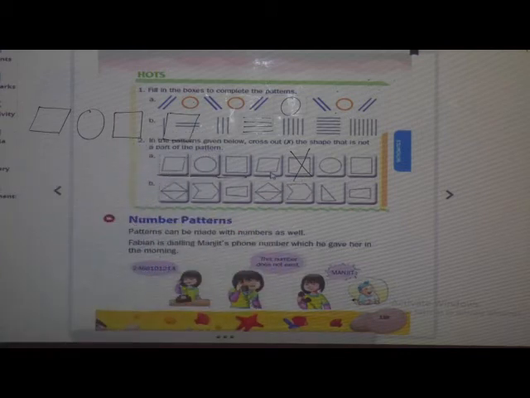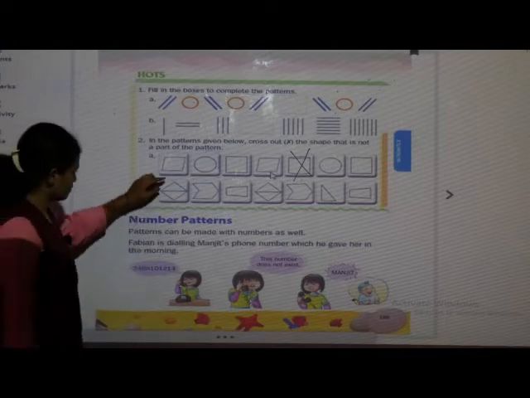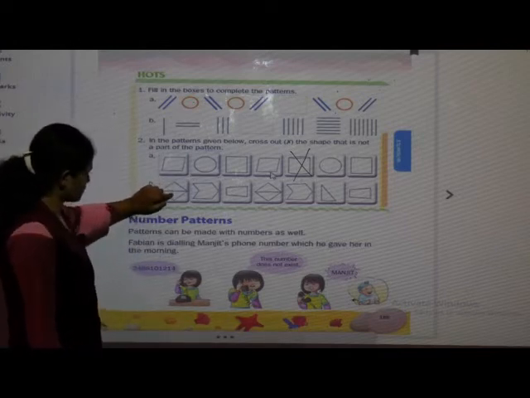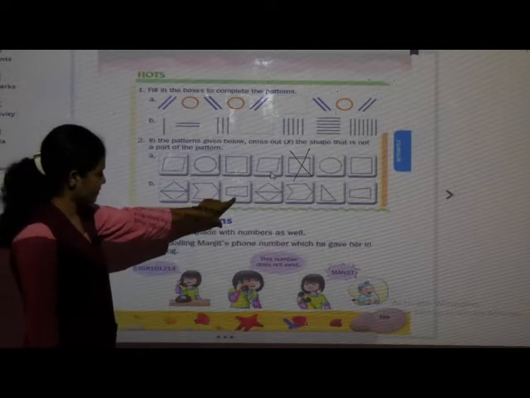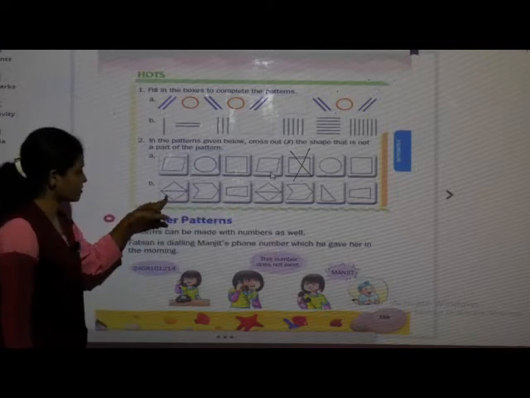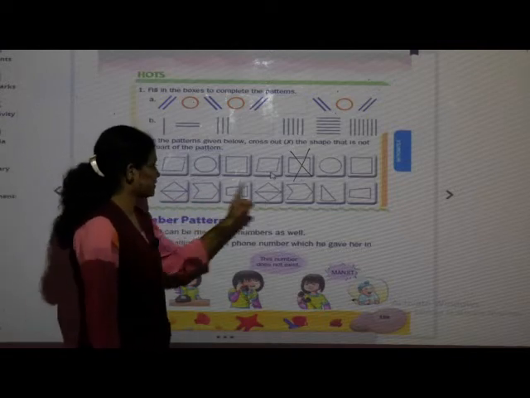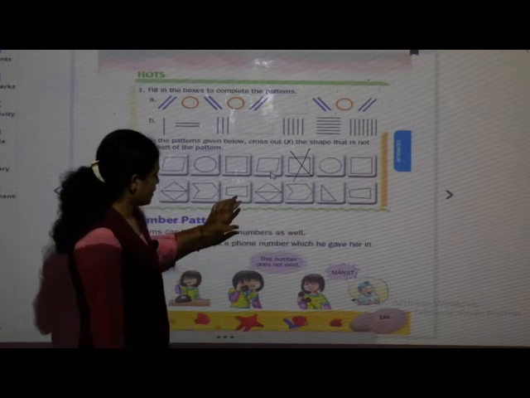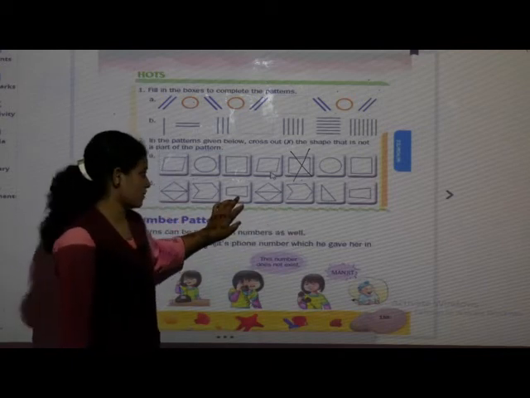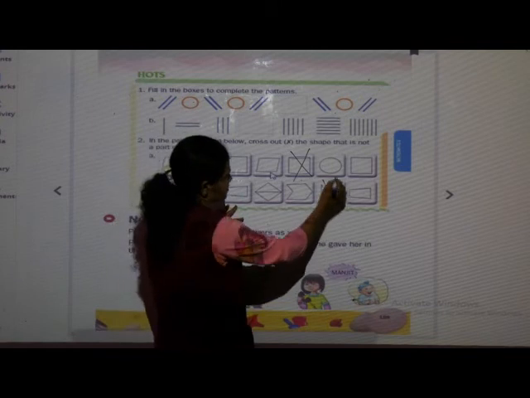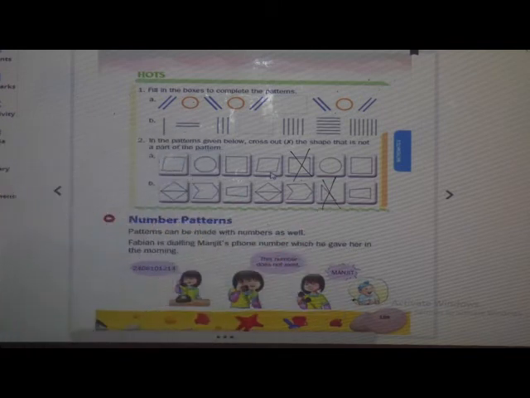Come on, do it. Now next, you can see this like this. This is there and this. So from here first, if you take this, then this is there, and then this shape should be there, but here triangle is there. So this triangle will be crossed.